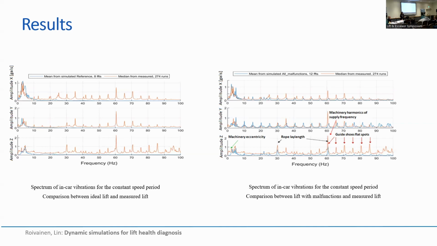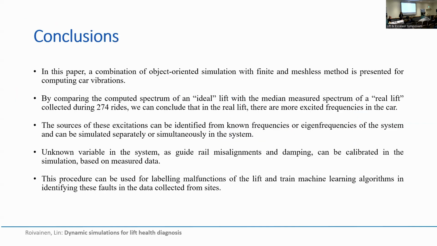If we model all these malfunctions separately or simultaneously, then the correlation between the measurements and simulation is better. So we can conclude that the root cause of in-car vibrations can be identified, and also that we can use them to monitor what's happening in the lift during its lifetime.